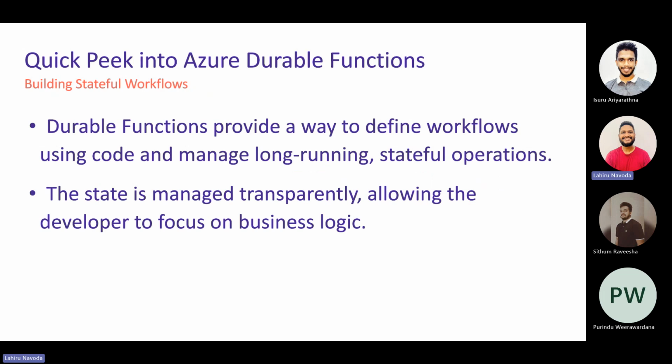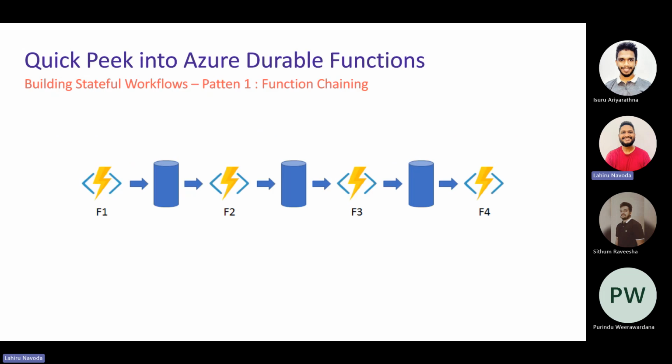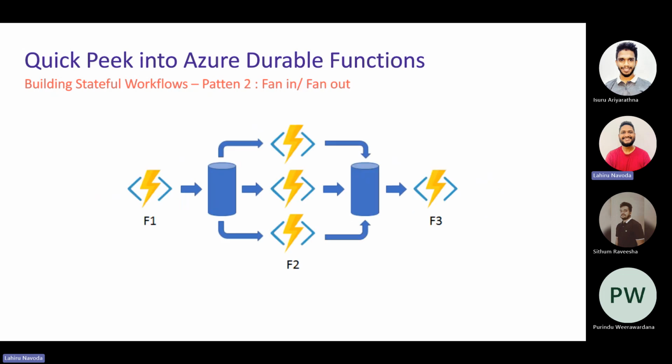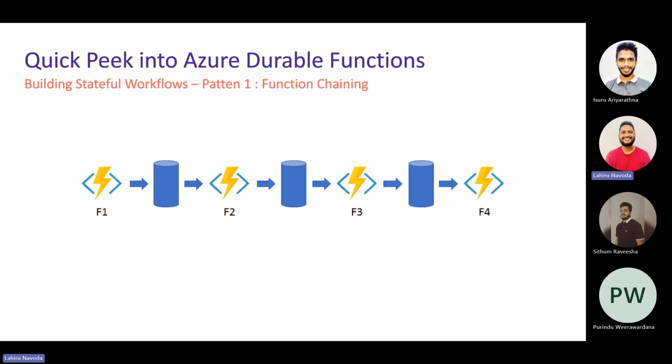There are about 5 or 6 patterns, and I'm not going to explain all of them here, but I'm going to take 2 patterns mainly and explain them to you.